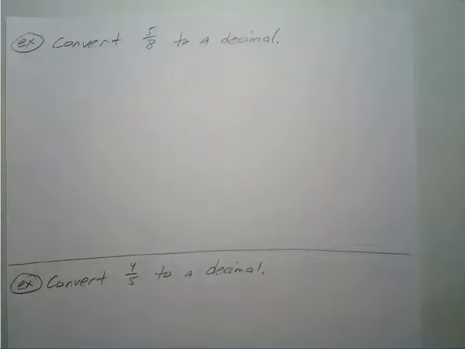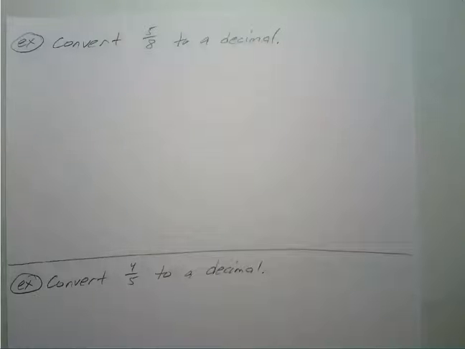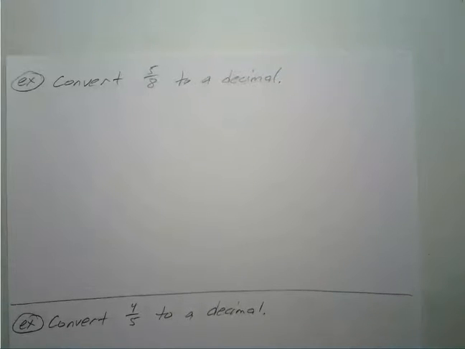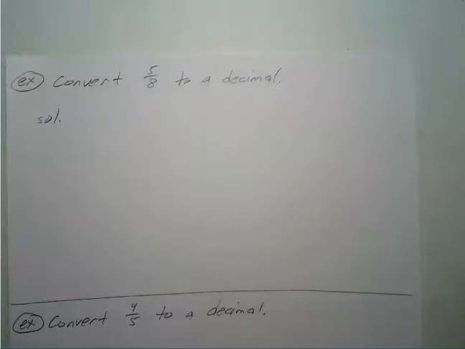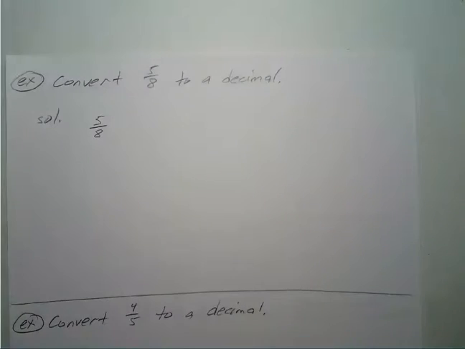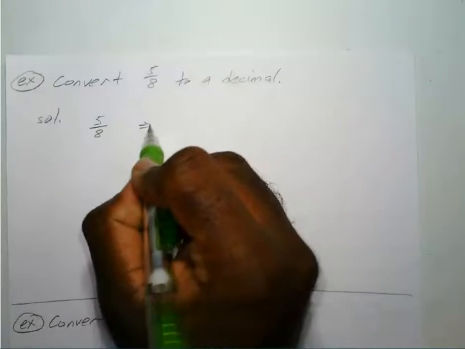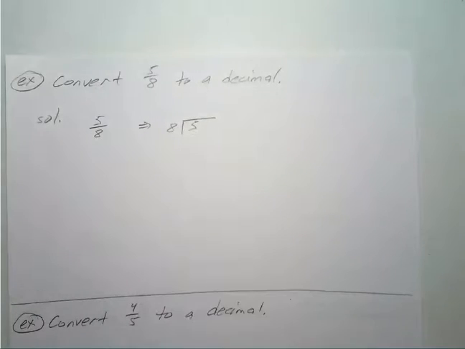We're going to convert 5/8 and 4/5 to a decimal. Starting with 5/8. We know that 5 divided by 8, we're just going to rewrite that as 5 divided by 8.